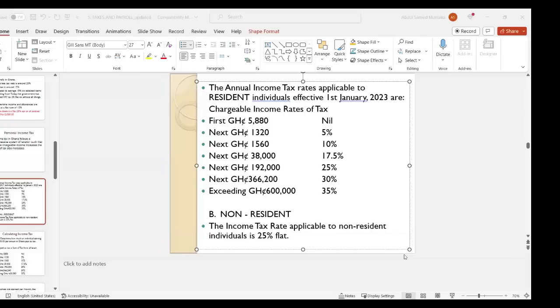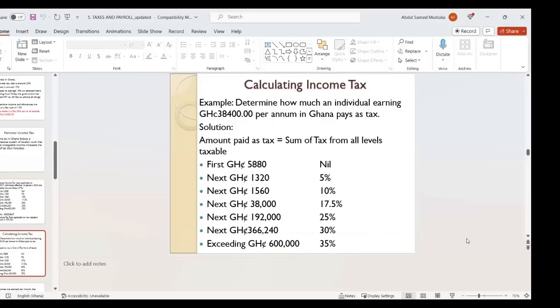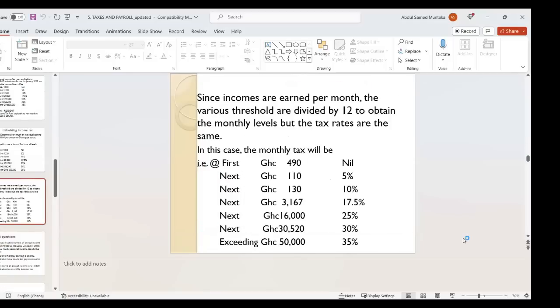So I'm going to give you a monthly schedule and then tell you to calculate the tax. So this is annual, this is monthly. To get this monthly schedule, you divide each of the levels by 12.